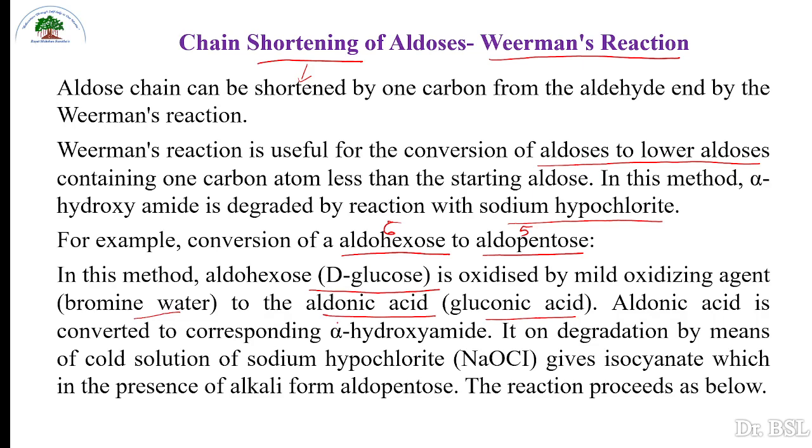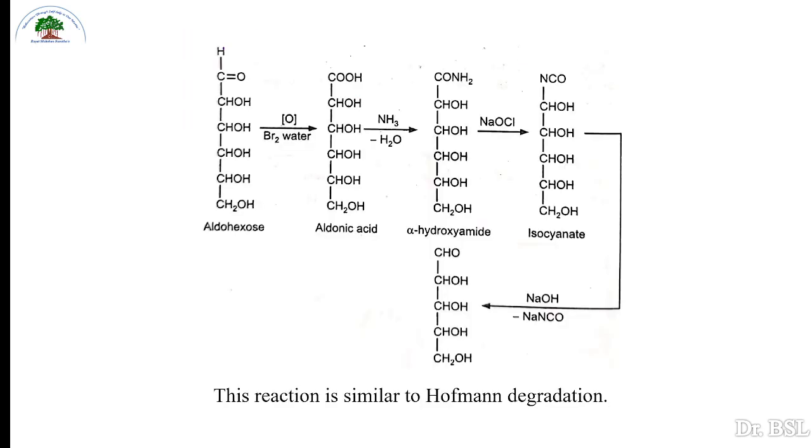Aldonic acid is converted to the corresponding alpha hydroxyamide. It, on degradation by means of a cold solution of sodium hypochlorite, NaOCl, gives isocyanate, and this isocyanate in presence of alkali forms aldopentose. The reaction proceeds as shown here.